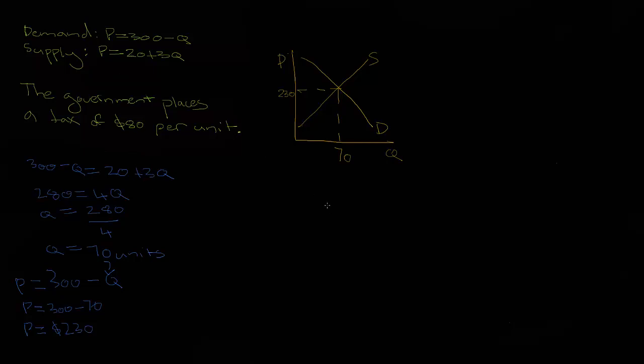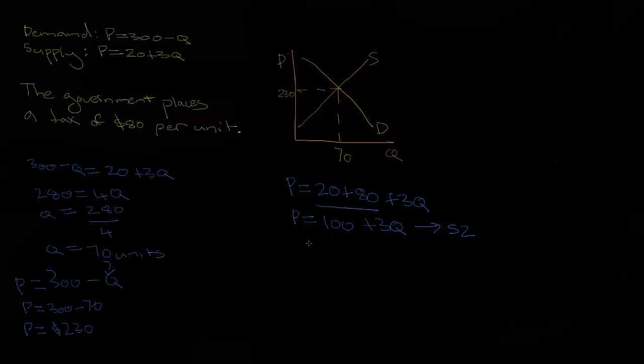So the new supply equation will just become price equals 20 plus the $80 of the tax, plus the 3Q that was originally there. So this 3Q stays the same. So the new supply equation is price equals 100 plus 3Q. So that there is supply 2, the new supply equation.